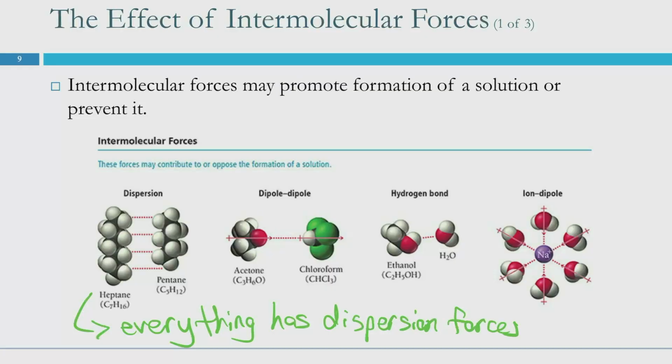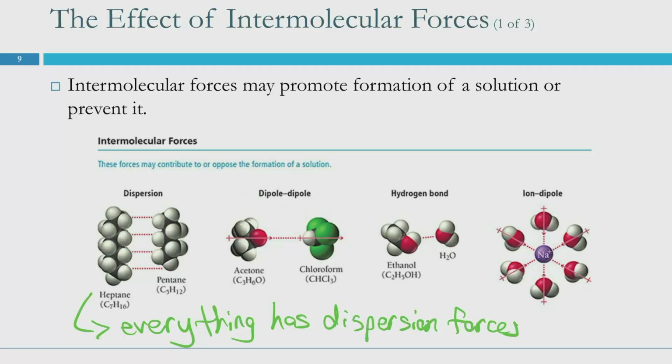That positive charge can attract the electrons from a neighboring molecular atom just for a brief period of time, and then maybe it'll be gone the next moment. And then it'll be back, and then gone again. It fluctuates. It's instantaneous. It's not very strong. That's our dispersion force. We also have dipole-dipole forces.